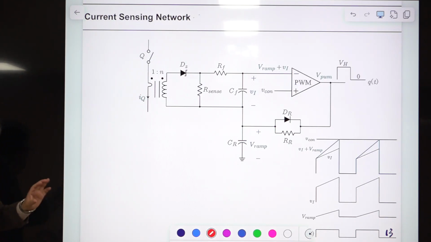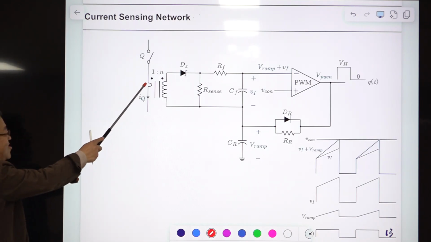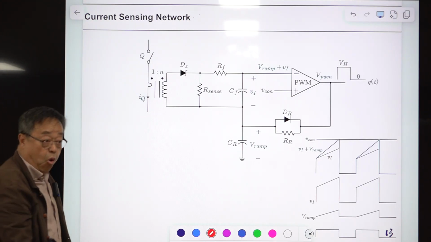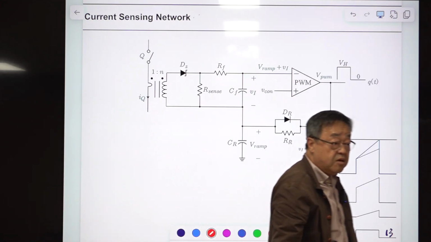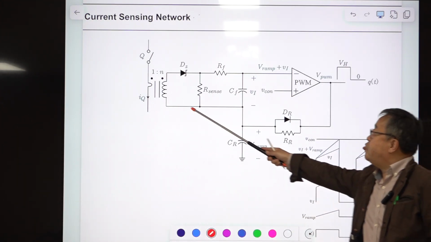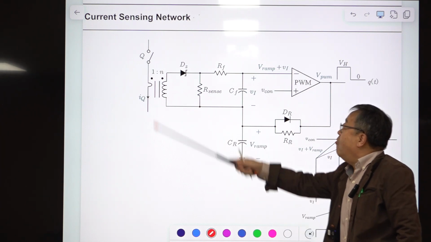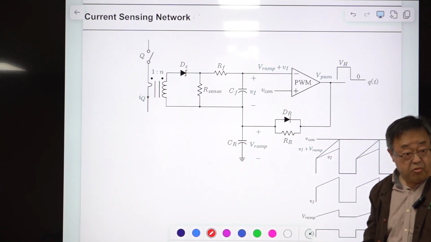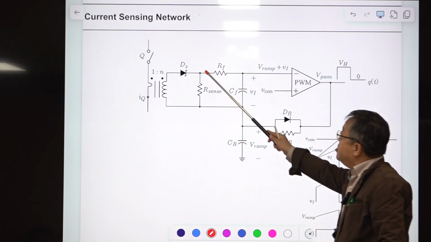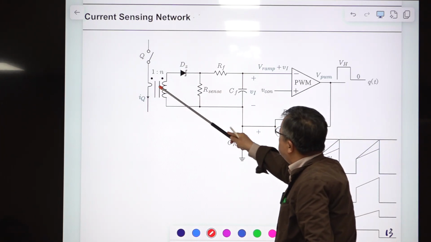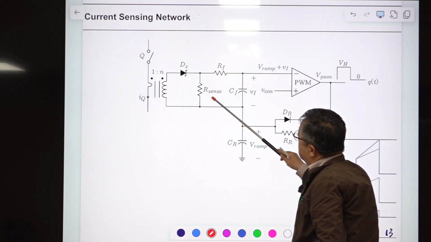This is the main current, the output current. If you use a larger number, the ohmic power loss will be very large. So if you use this one, the loss here will be negligible. And this is necessary to reset this transformer, and this is the sensing resistance.